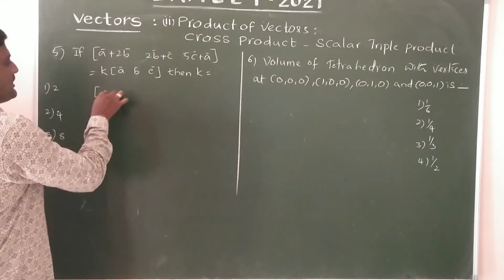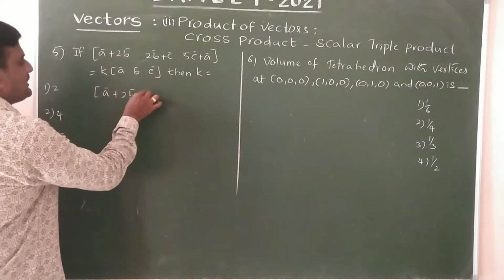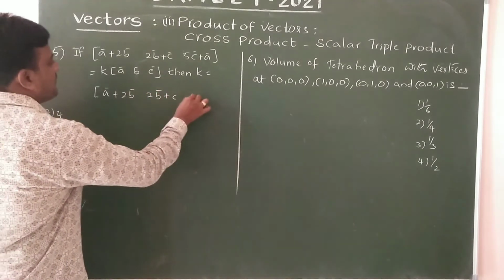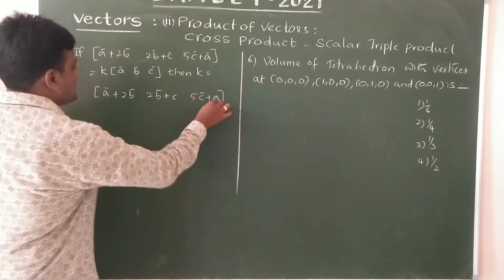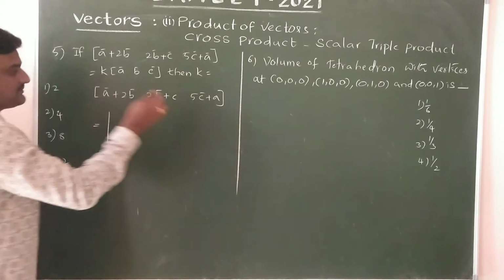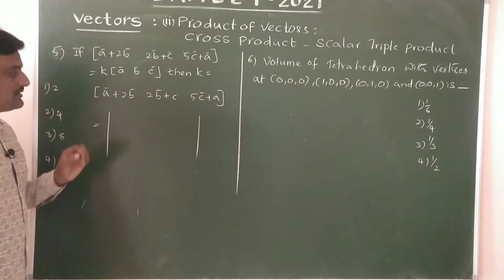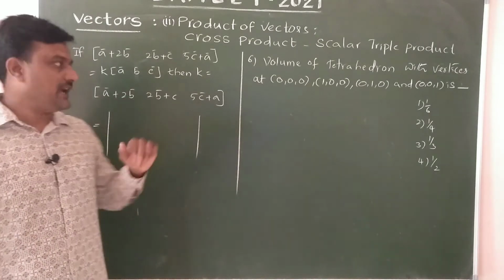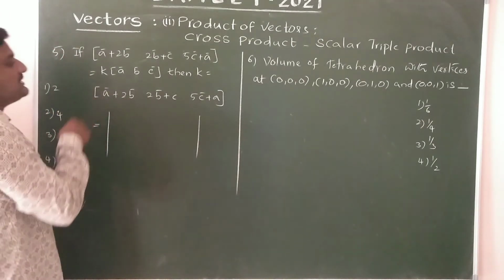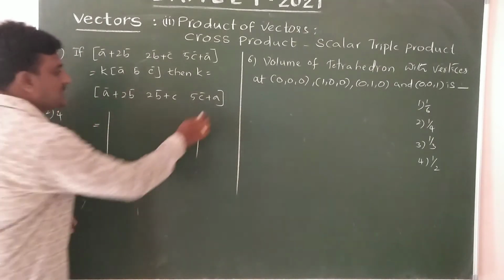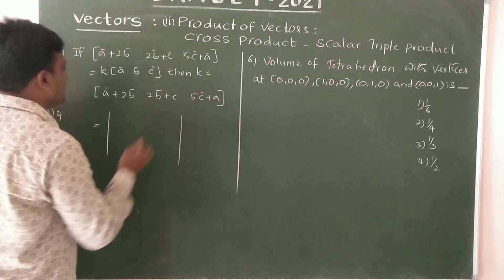Actually, the box product is nothing but the determinant of the coefficients of i, j, k, but here we have it in terms of A, B, C, so we can take it like this.